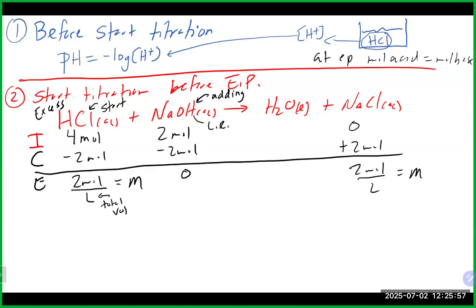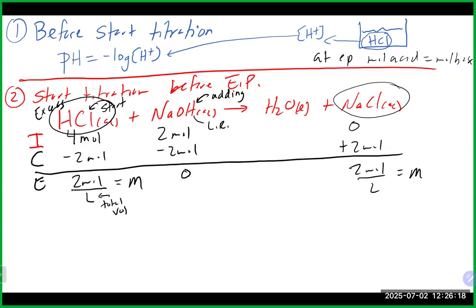Now, at this point, look at what you've got going on. We have sodium chloride, and we have HCl. By the way, is that a buffer? The answer is no, because that's a strong acid. They are related to each other, but it's not a buffer.